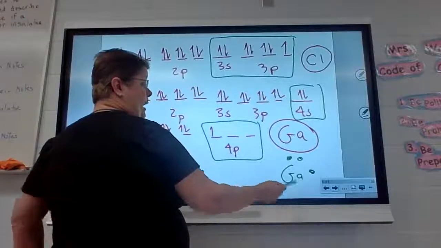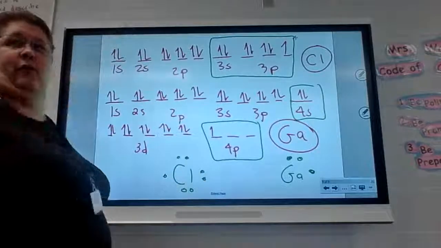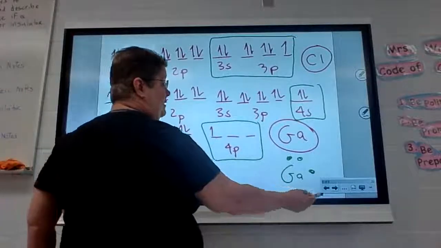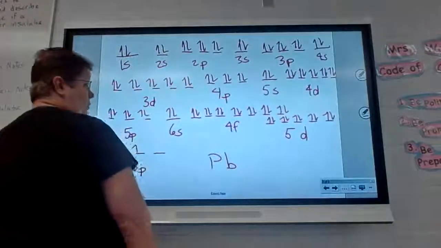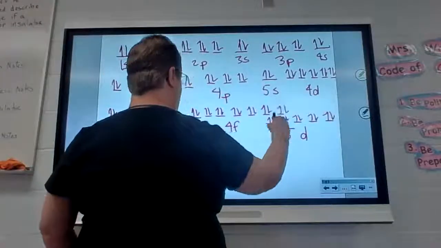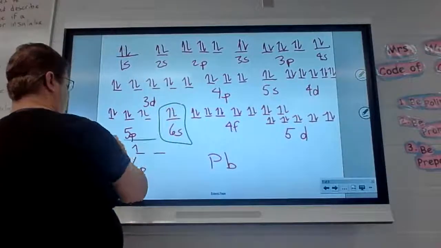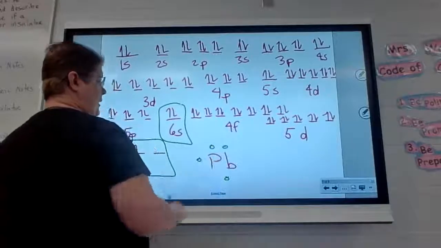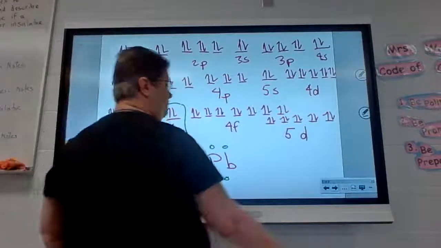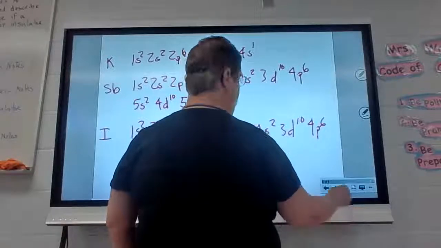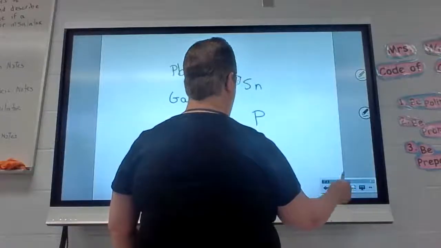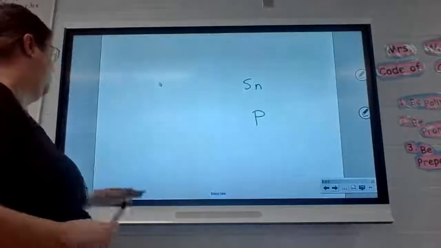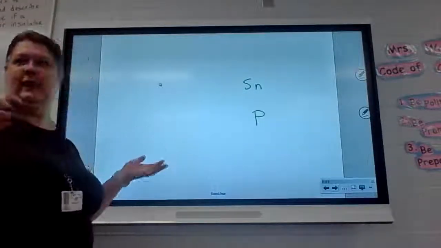Empty sides. Okay. Now I don't know if I gave you one of those to do or not, but since there's 2 blank lines, that means 2 empty sides. Okay. So when we do lead, you have 6s, 6p. So again, 2, 1, 1, and a blank side. All right. For the 2 I asked you to do, which were tin and P. A couple of you that I talked to started drawing the arrows.